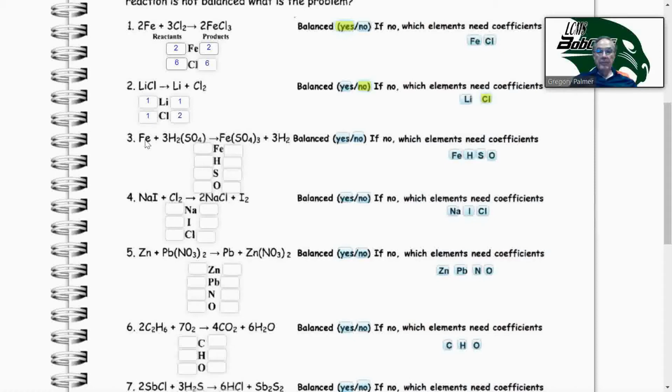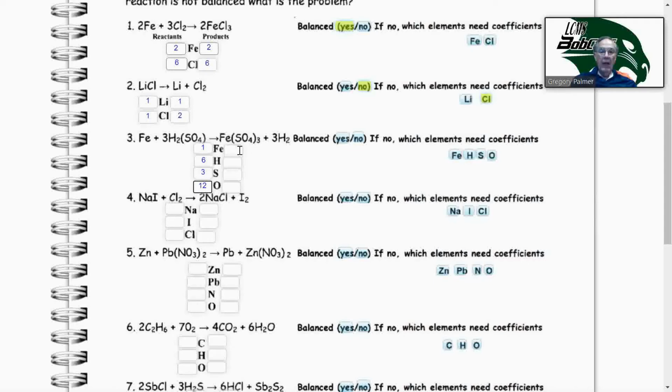So over here on the reactant side, we have 1 iron, 3 times 2 is 6 hydrogens, and then in the SO4 there's 1 S, but there's 3 of this whole thing, so that means there's 3 sulfurs and 12 oxygens. So remember, there's a 1 here, so 3 times 1 is 3, 3 times 4 is 12.